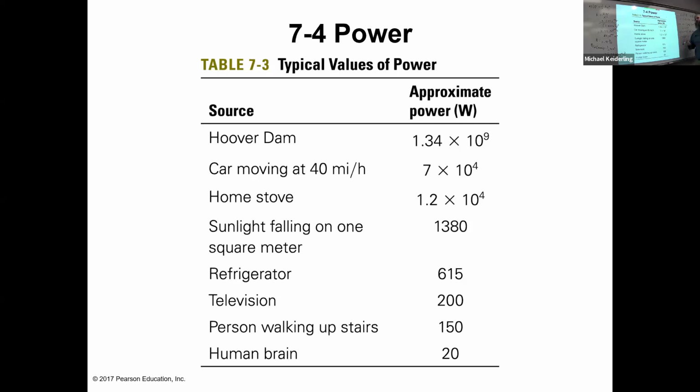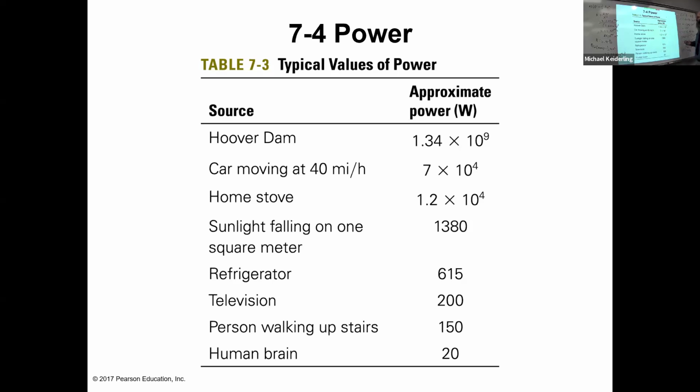That's 1.34 gigawatts. A car moving at 40 miles per hour uses about 7 times 10 to the 4, 70,000 watts. A home stove is about 12,000 watts, 1.2 times 10 to the 4.